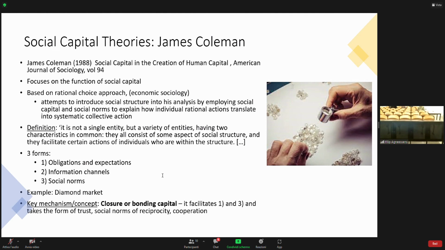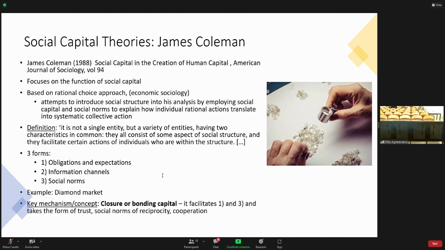So he said that social capital is not a single entity, you can see the definition on the slide, but a variety of entities which have two characteristics in common. They consist of some aspects of social structure and facilitate certain actions of individuals who are in the structure, meaning the diamond appraiser doesn't run away with your diamond.